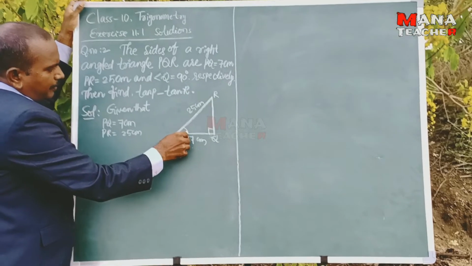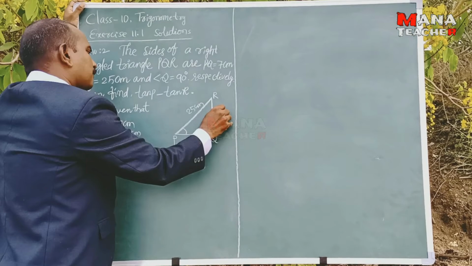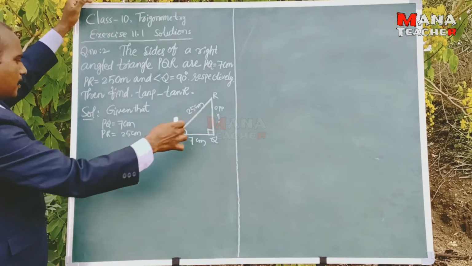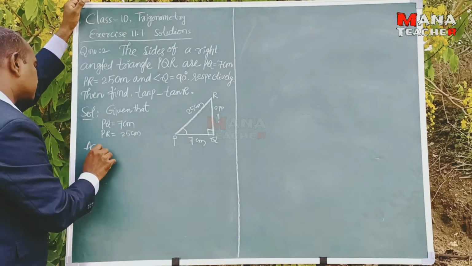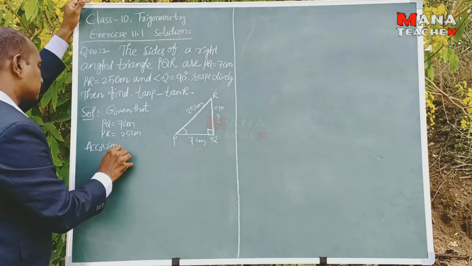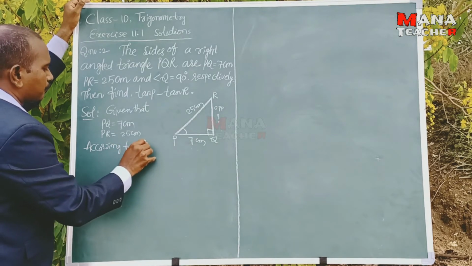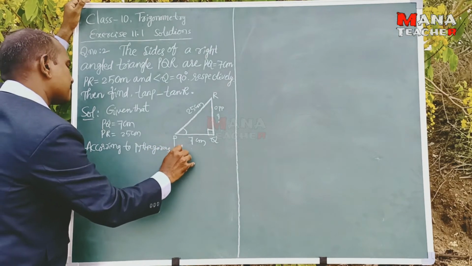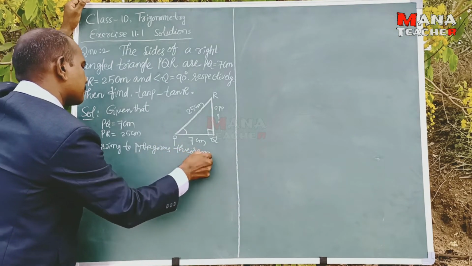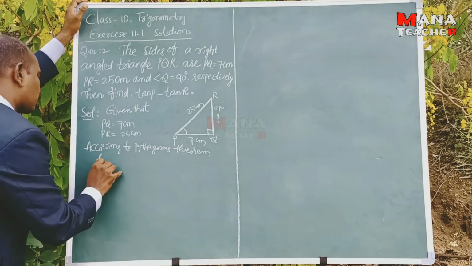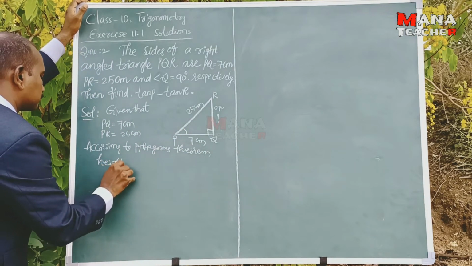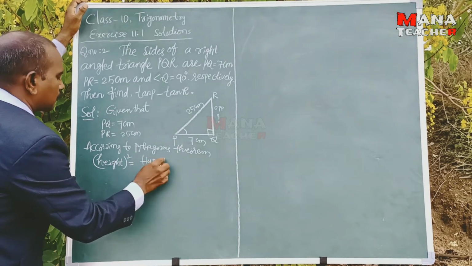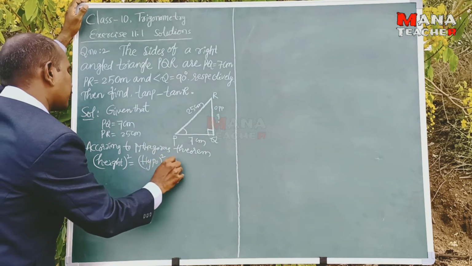The side opposite angle P is not given. Now according to the Pythagoras theorem, height square equals hypotenuse square minus base square.